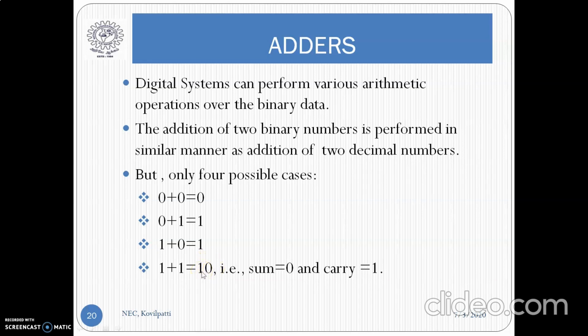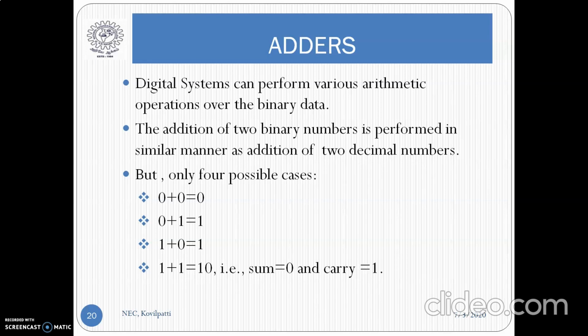So as we saw, we perform our normal addition in the decimal number system, right? There we have 10 numbers, labeled from 0 to 9. After 9, if we add 1, we get a number called 10, and from 10 if we add 1, we get 11. Here it is a binary number system, which consists of only 2 digits, 0 and 1.